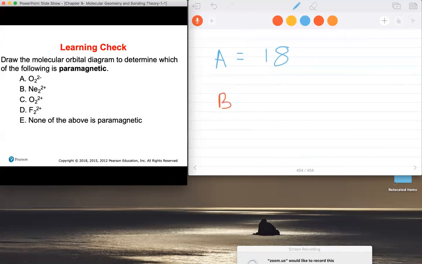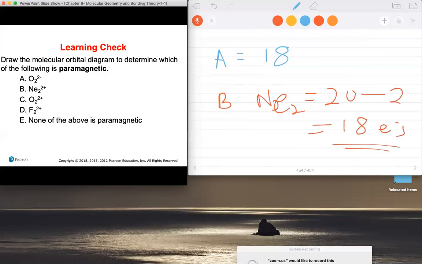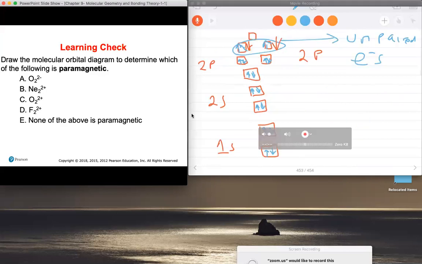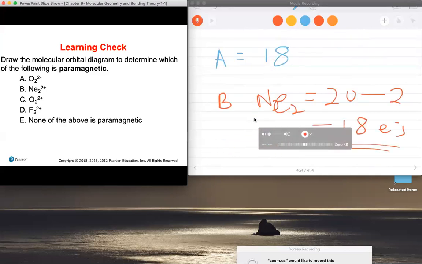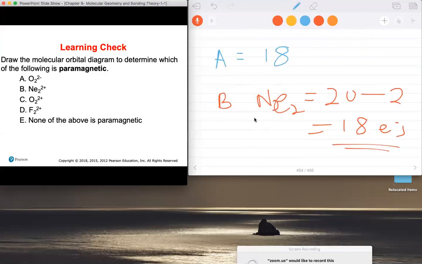So for B, Ne2 has 20, you subtract 2 electrons and you are working with 18 electrons. In filling this diagram, you will work with 18 electrons.